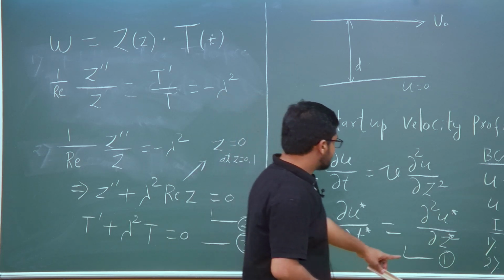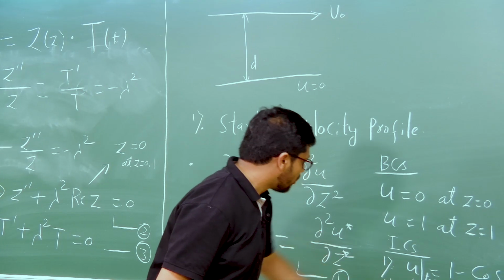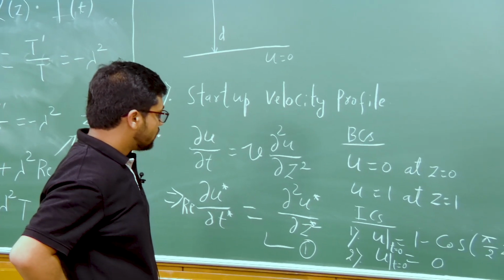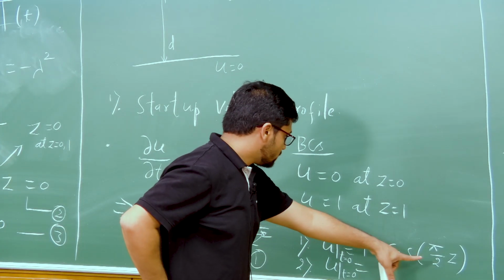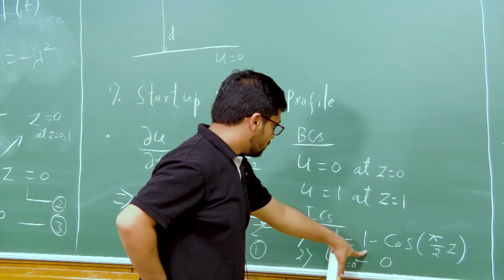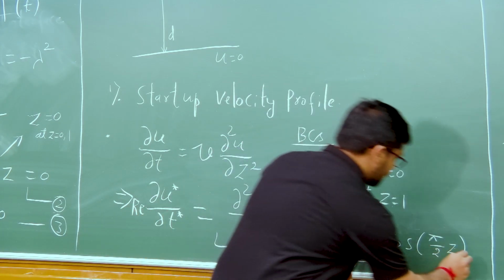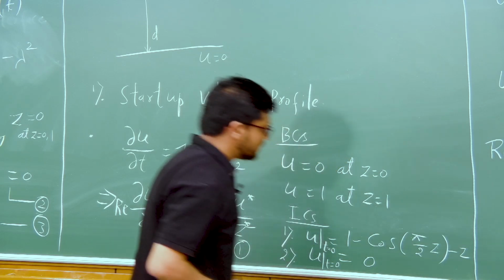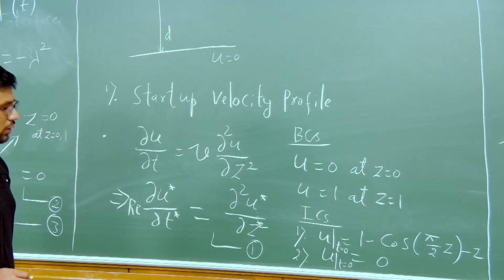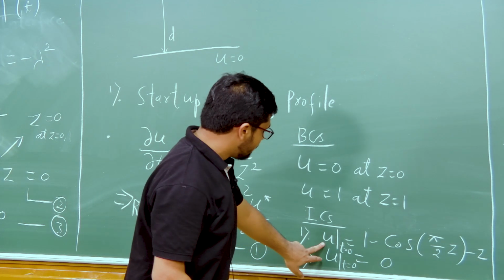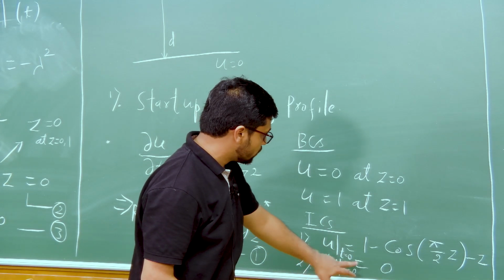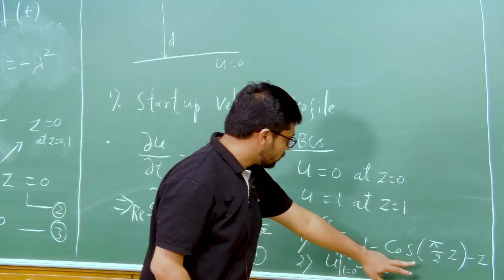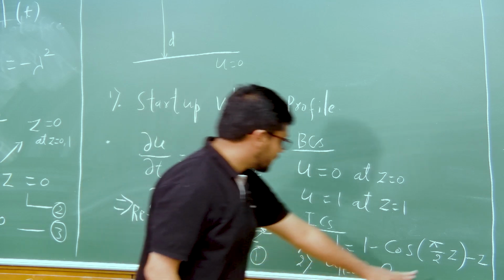The other thing is this is for t equal to 0. If you put z equal to 0, it will be 1. So, let me put a minus z here. This is the initial condition for u. I wanted u at t equal to 0 and z equal to 0 to be 0, so I put z equal to 0.